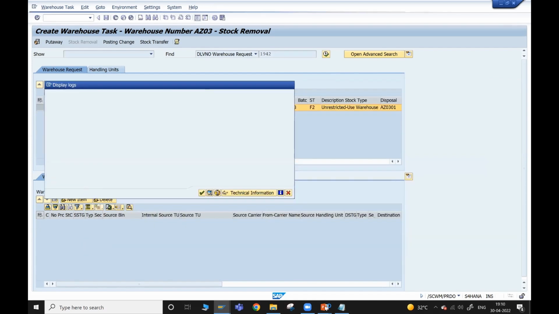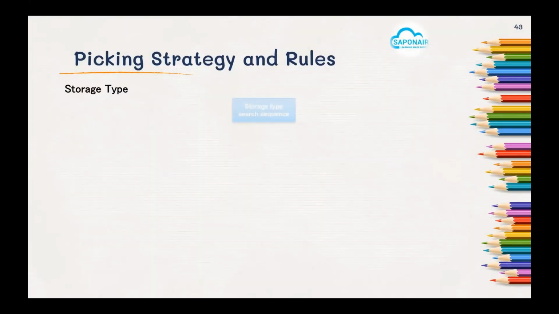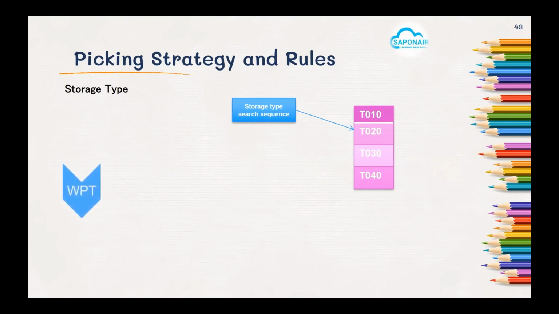Yeah. So basically, what happens in the strategy is it's the same again. Only that the objective is to determine your storage type search sequence. If you could determine the search sequence, the system will find the storage types and the bins. Even in the inbound it is the same, right? Yes. So basically, what are the different criteria which can determine it?